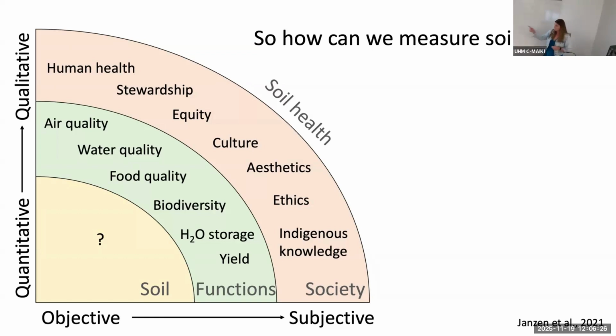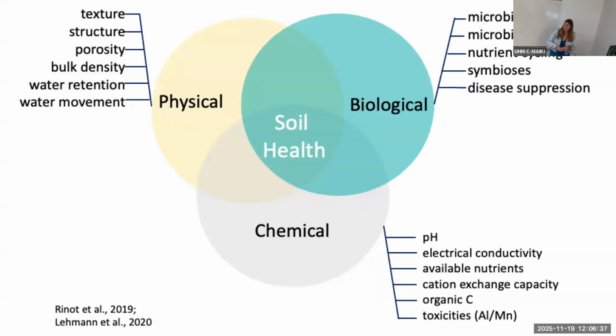But here, to start with, we may think about what Xiaoding mentioned: what can we quantitatively measure to give us an idea of a starting point of soil health? So as mentioned, soil health is part of physical, biological, and chemical properties. If you've taken a soil science class, then you've probably learned about physical properties, which can include soil texture, structure, porosity, bulk density, and how water is retained and moves in soil.